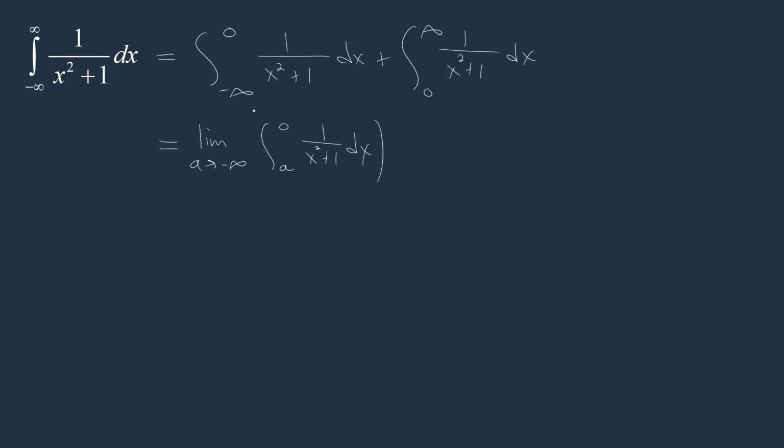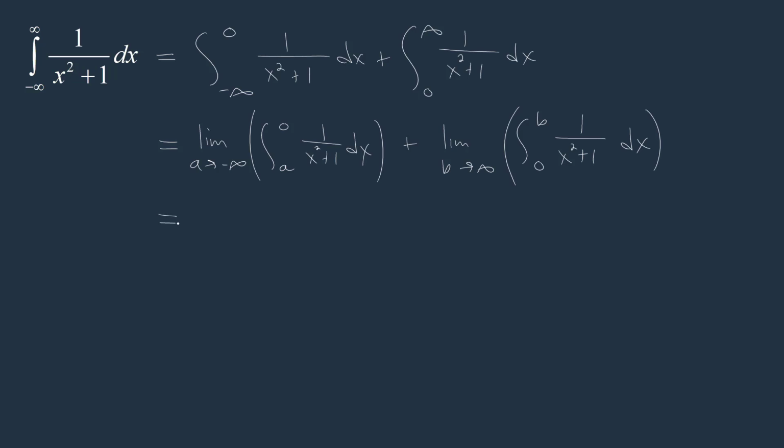I'll do that limit afterwards. And then I'll add to it the limit as b were to increase without bound of the integration from 0 to b of 1 over x squared plus 1 dx. Oh, I shouldn't have that parenthesis there. Actually, let's get rid of that. And that one there too. The parenthesis should be here and here. There we go.